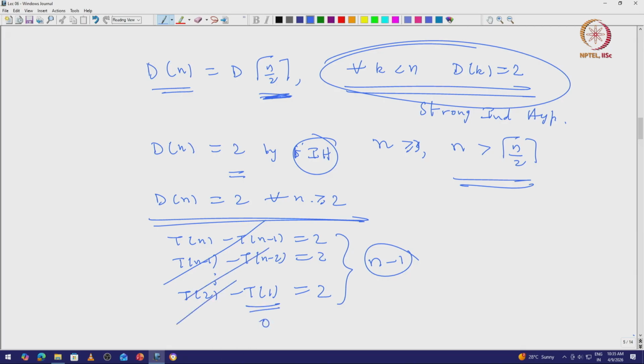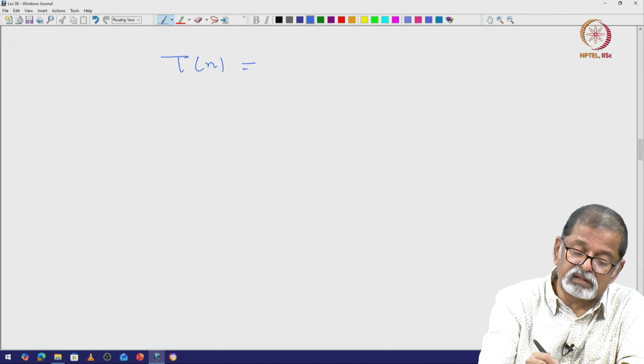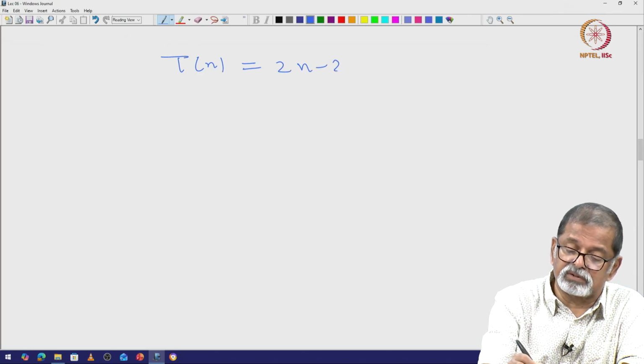T of 1 is 0, therefore, T of n is 2 plus 2 plus 2, n minus 1 times, that is 2 times n minus 1, that is equal to 2n minus 2. So, T of n, when I solve exactly, I get 2n minus 2.